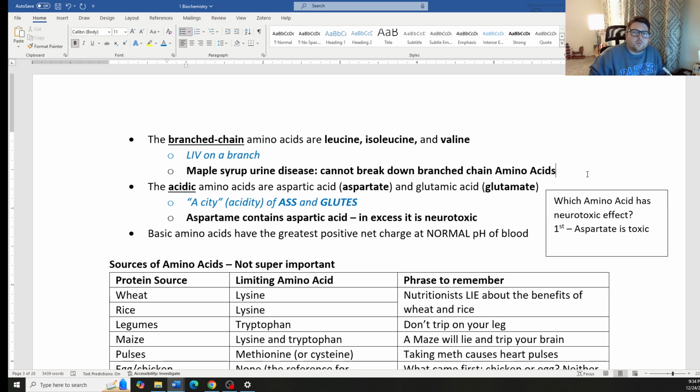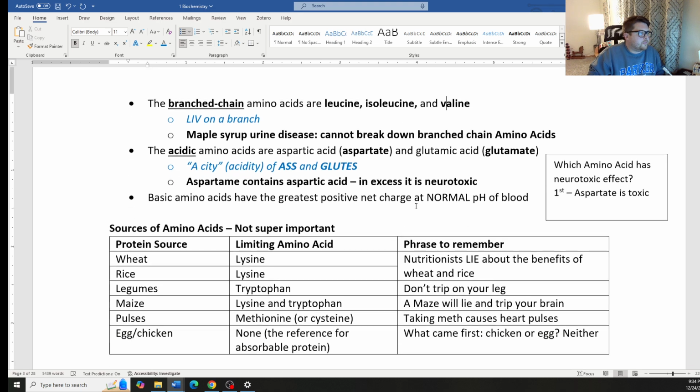That's as far as you really need to go in order to answer questions about this condition, that we are unable to break down branched chain amino acids, being leucine, isoleucine, and valine.